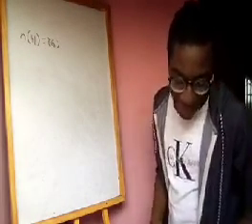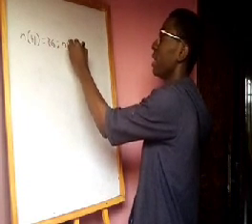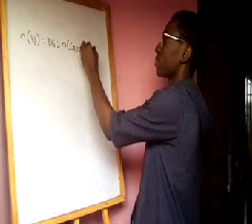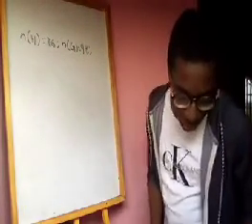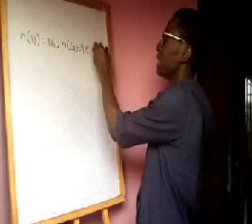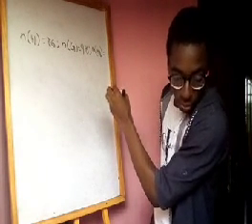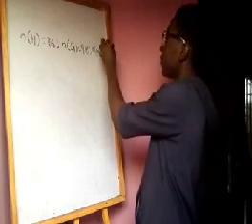Then next, they said 98 liked geography. Let's call the number of students in the set of geography N of G. That would be 98. Then lastly, they said 87 liked mathematics. Let's call the number of students in the set of mathematics N of M. That's 87.